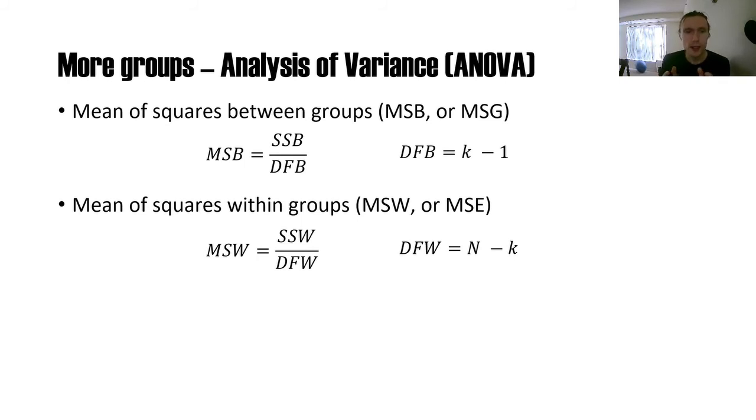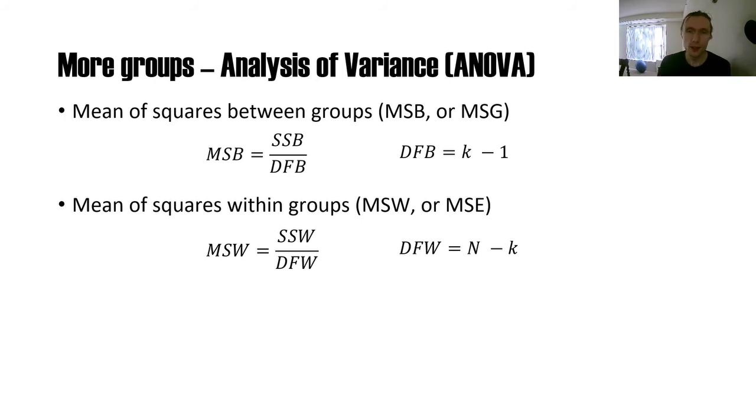So the sum of squares for within groups is typically larger than that between groups. So we have to account for the differences in the amount of calculations we make, basically. And that's what we call the mean square between groups and the mean square within groups. Now, the mean square between groups is just the sum of squares between groups divided, and you would think by the number of groups, but again, we use the degrees of freedom, which is the number of groups minus 1.